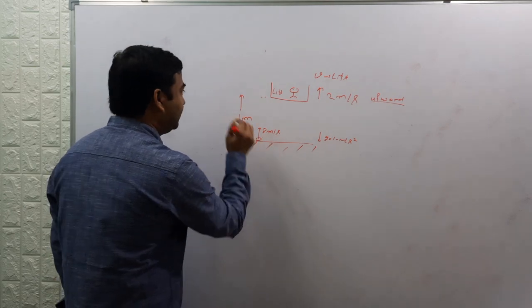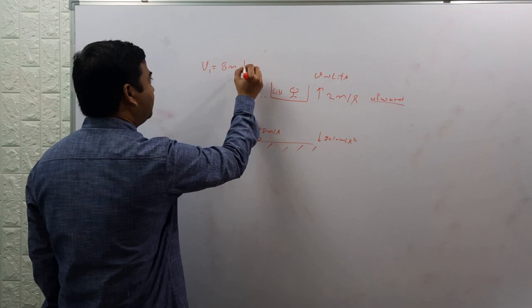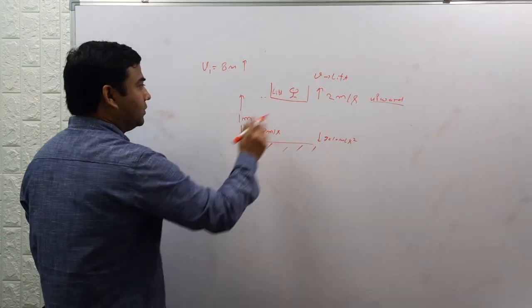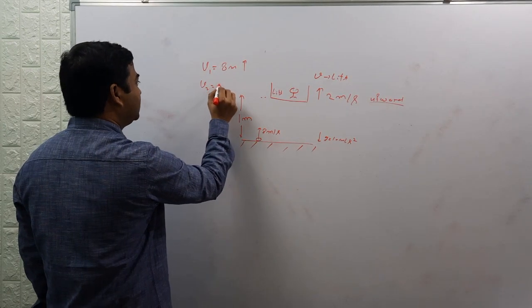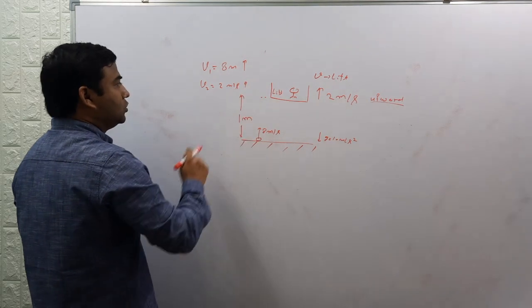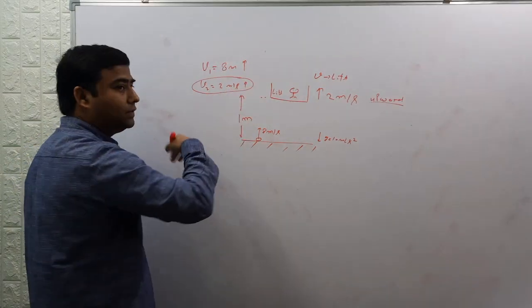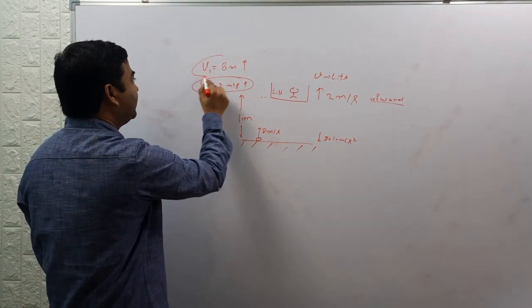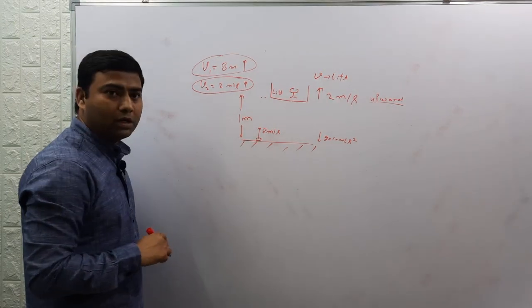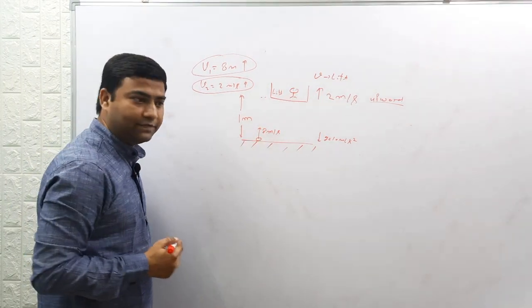The initial velocity v1 is 8 meters per second upward. The velocity of the lift v2 is 2 meters per second upward. I have to reduce the velocity vector of the lift from the velocity vector of the object to observe its motion from the lift.